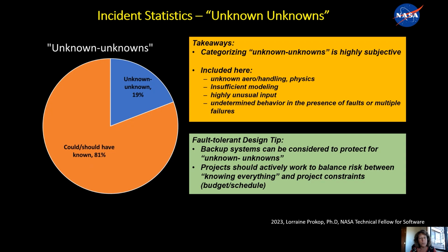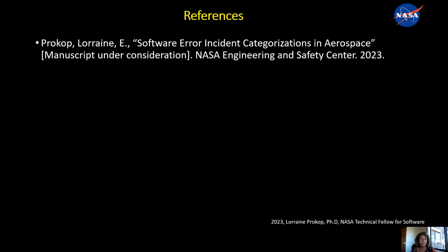And finally, a more subjective figure is unknown unknowns, but it is something to consider. Our team, when we evaluated these incidents, determined about 20% of these cases to be unknown unknowns, things you didn't know that you needed code for. So backup systems can be very useful to mitigate this unknown unknown phenomenon.